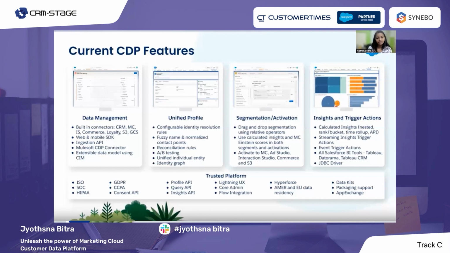And once we create that unified profile, we can segment those audiences, and then we can create some calculated insights. And using the Einstein and AI insights, we can create more powerful segments and activations. And these segments can further be used in other target systems, like in the marketing cloud and in the advertising studio, or in the interaction studio, or the commerce cloud and S3 and other tools.